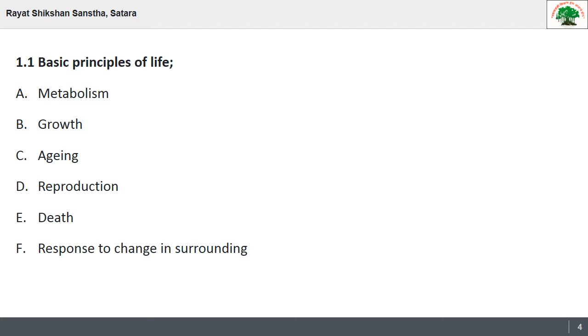So 1.1, basic principles of life. The foundation of biology as it exists today is completely based on these basic principles. Actually, these are life processes, and these processes differentiate living beings from non-living things. So there are a total of 6 basic principles of life.